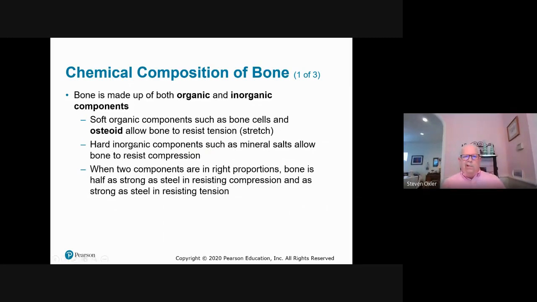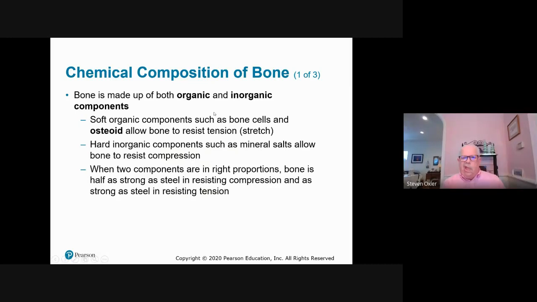So bone is made up of not only organic material, which is protein, but also inorganic material, which are the minerals. The osteoid itself allows it to stretch, but when we add mineral salts to it, it now resists compression.